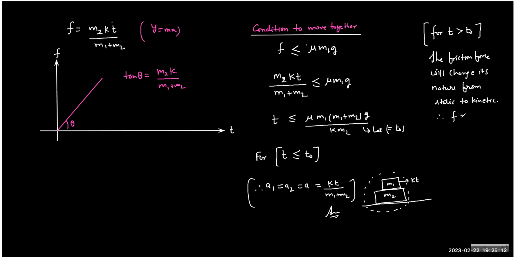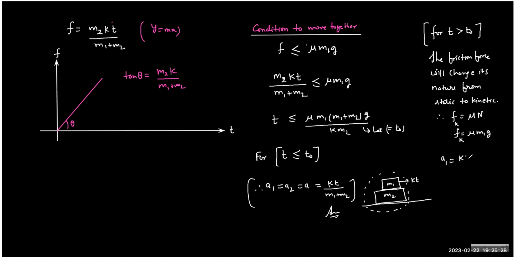Therefore, F will become mu N, and you can just substitute the value of N, which you have known. And once you know the friction value, then you can solve the question.